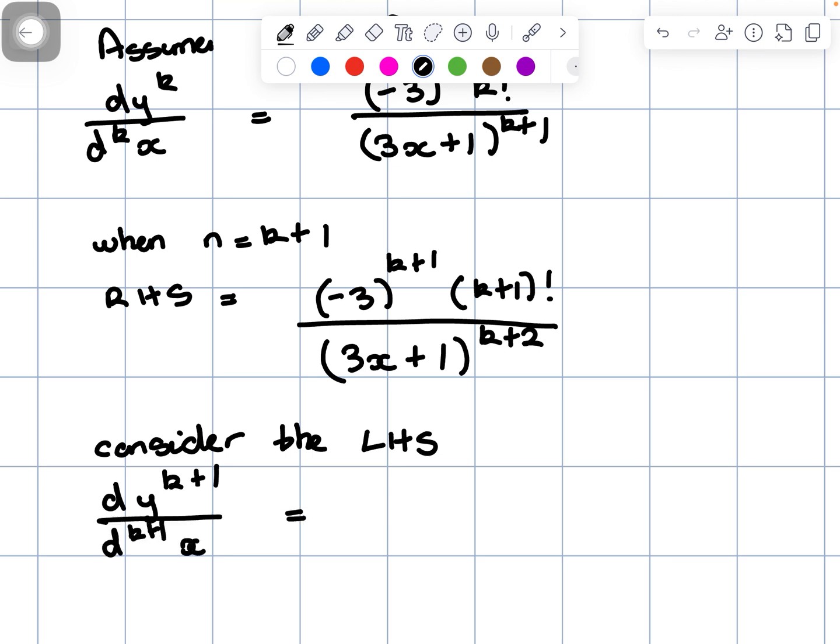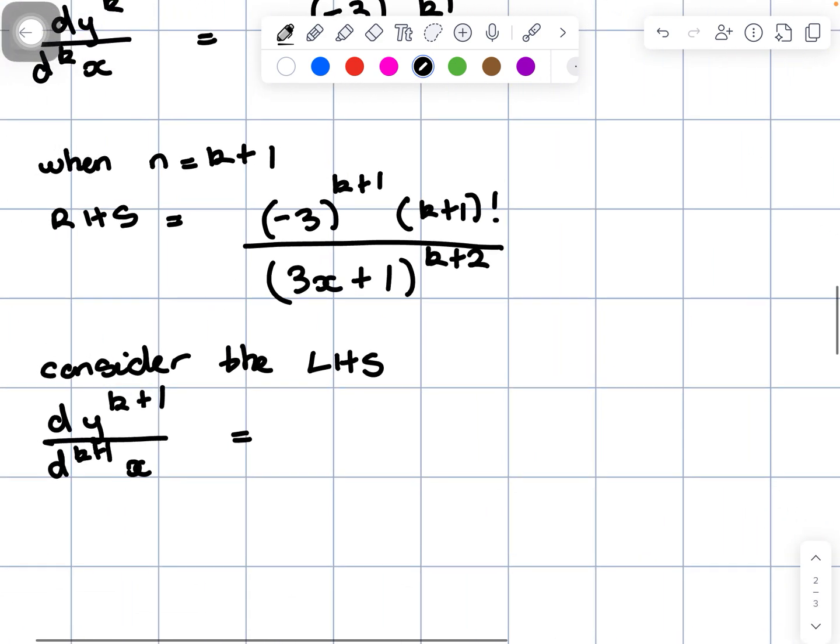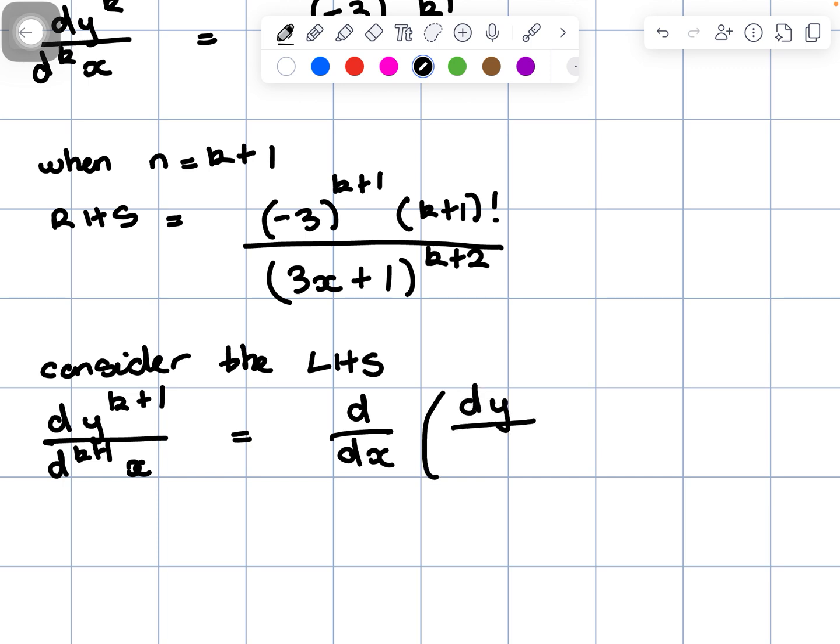So we can separate this into two: this is the same as d over dx of d^k y over dx^k.